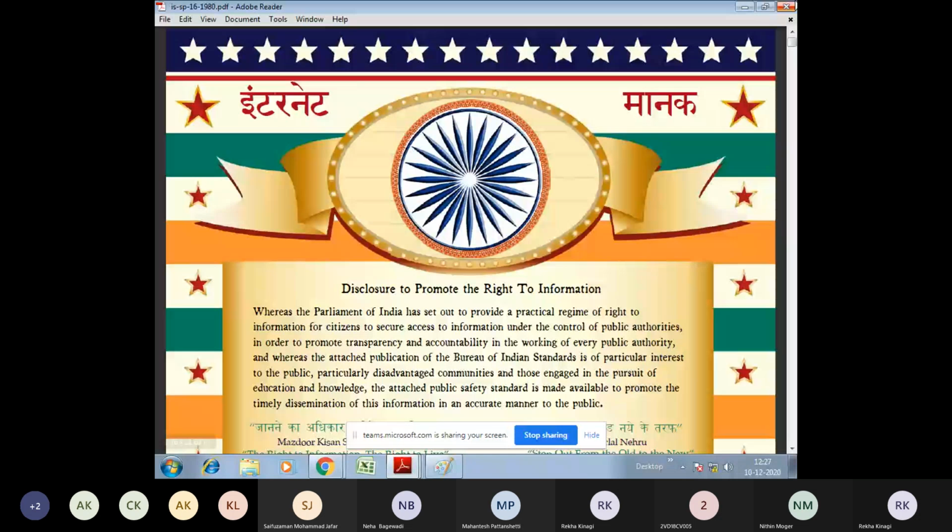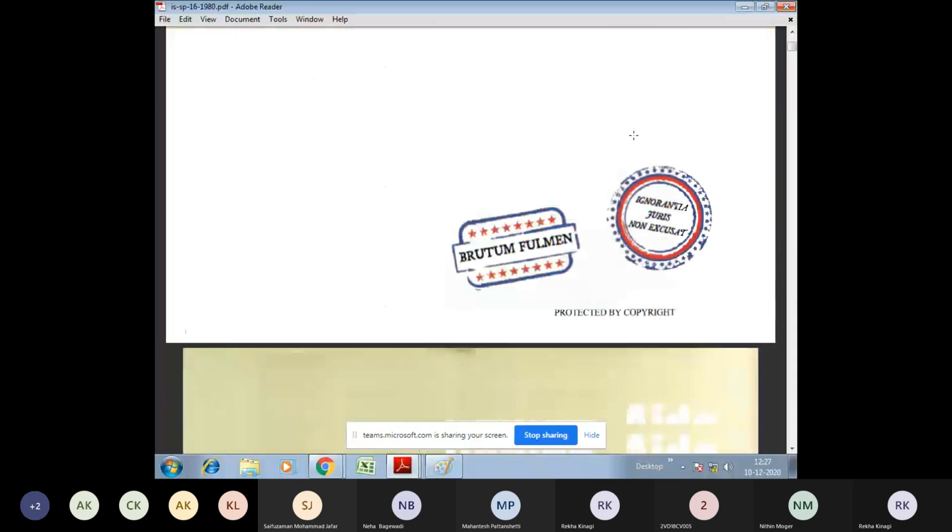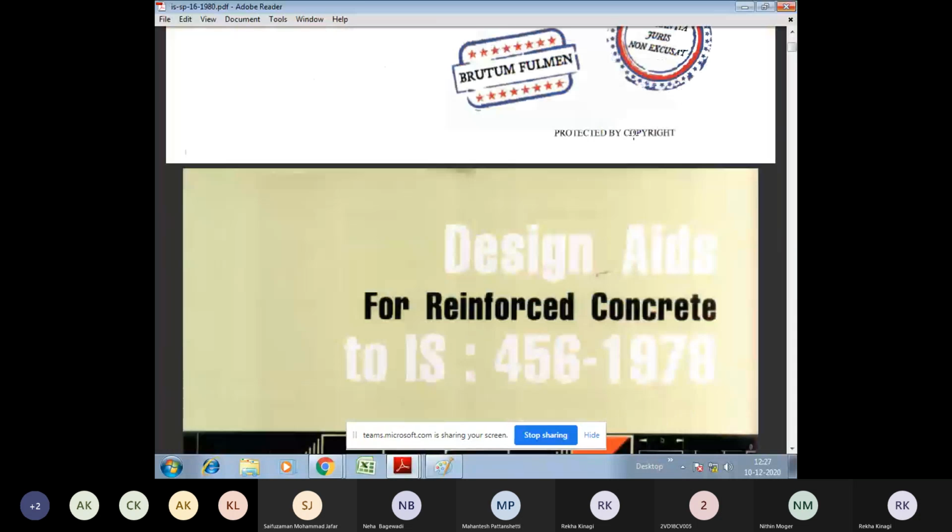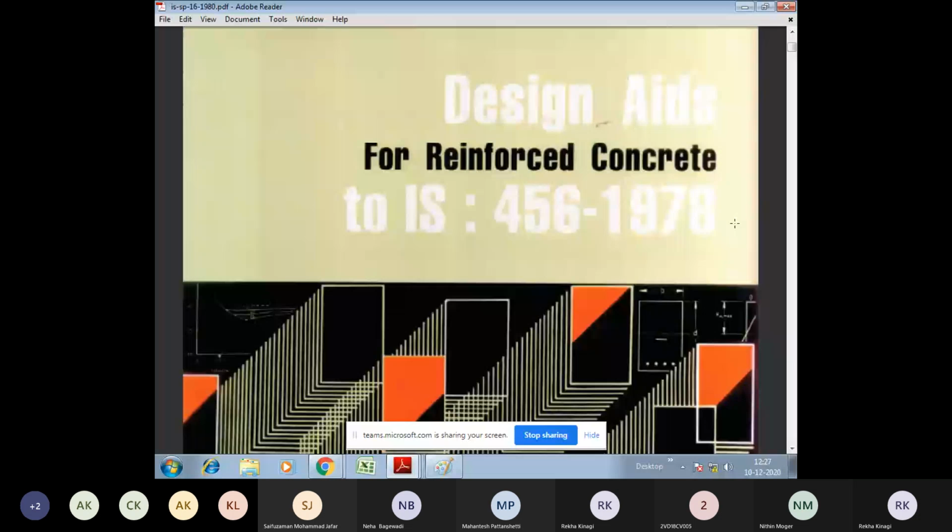This is SP16, and it is also called the design aid to IS 456 1978.